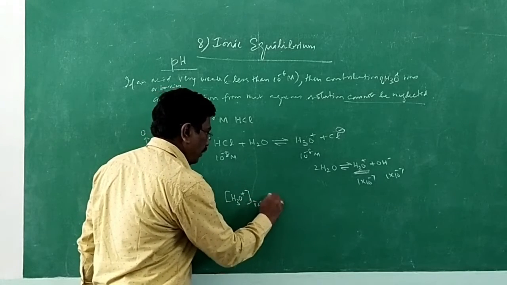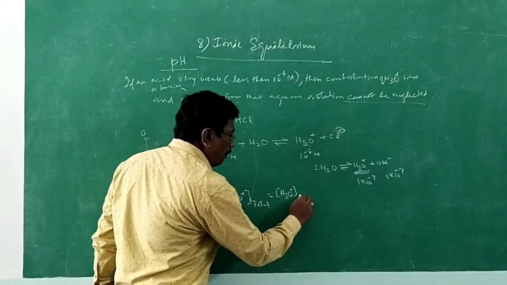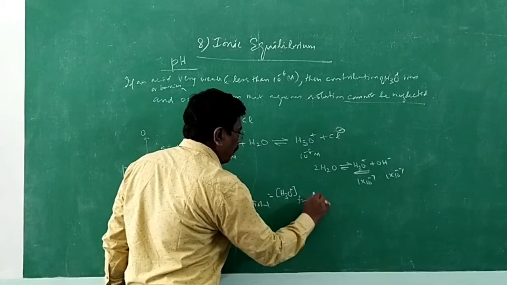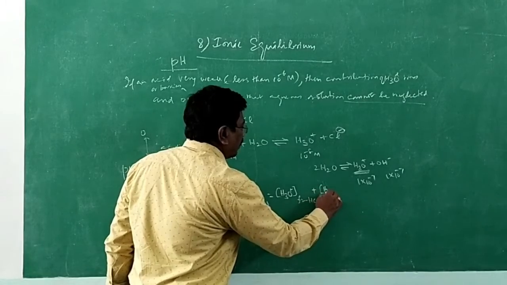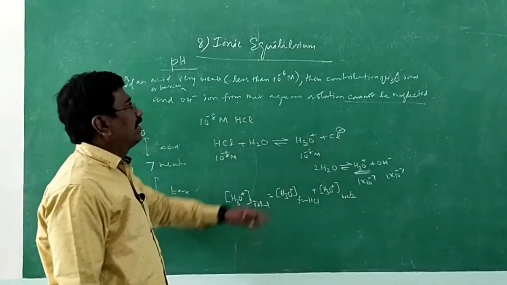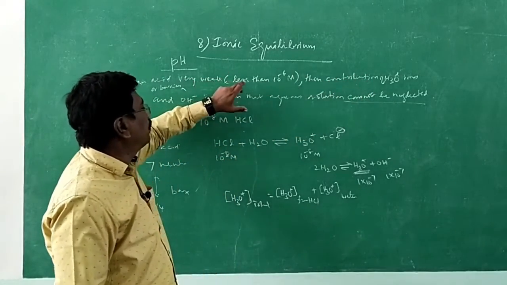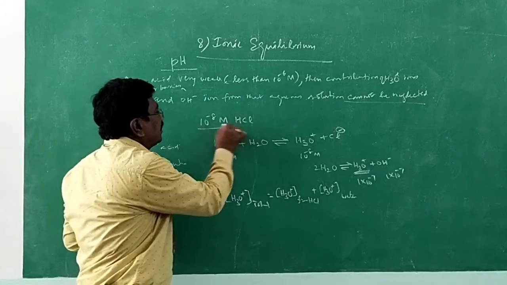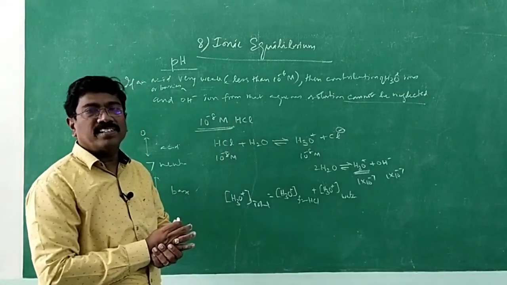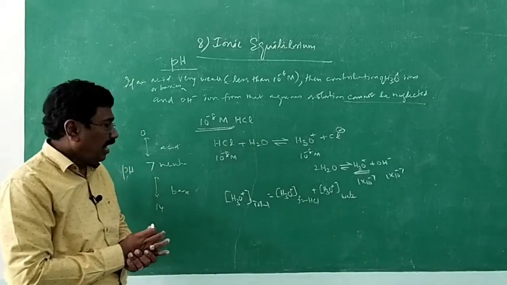Total is equal to the concentration of hydronium ion from HCl plus that from water. It cannot be neglected. When do we consider this? When the concentration becomes less, when the concentration goes like this, 10 power minus 7, minus 6, minus 8 like that. At that time we have to add.